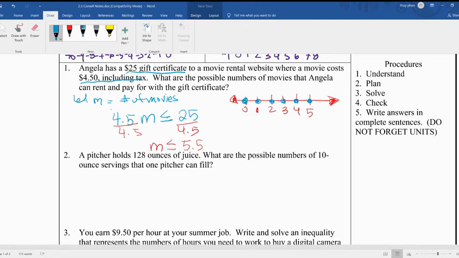So our answer is: Angela can rent 0, 1, 2, 3, 4, or 5 movies with the given $25 gift certificate.